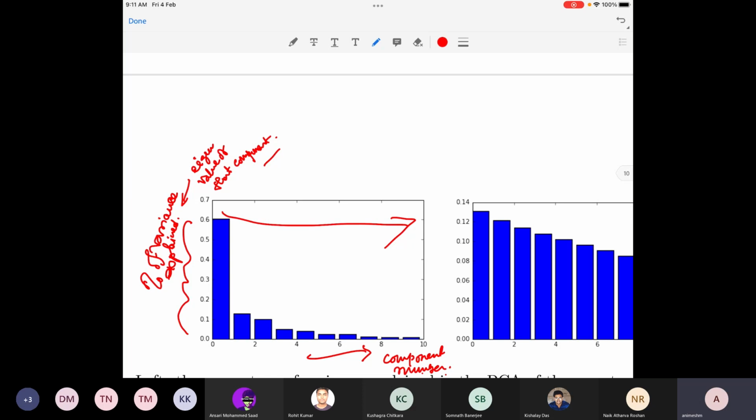What is it telling? How does the distribution look? Uniform, skewed? Skewed.